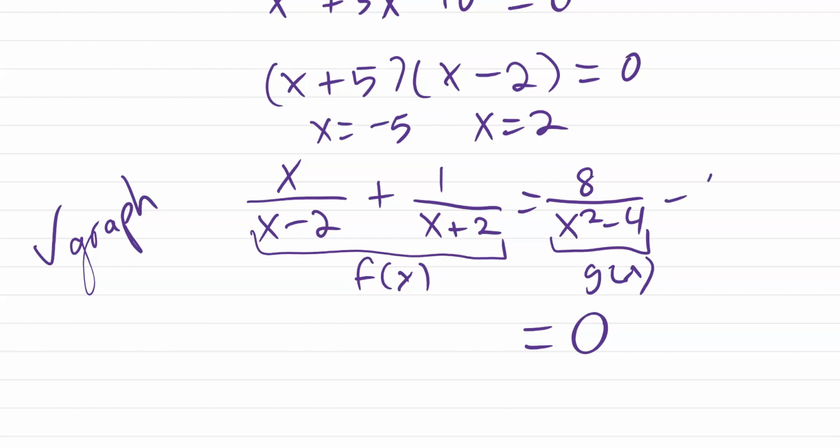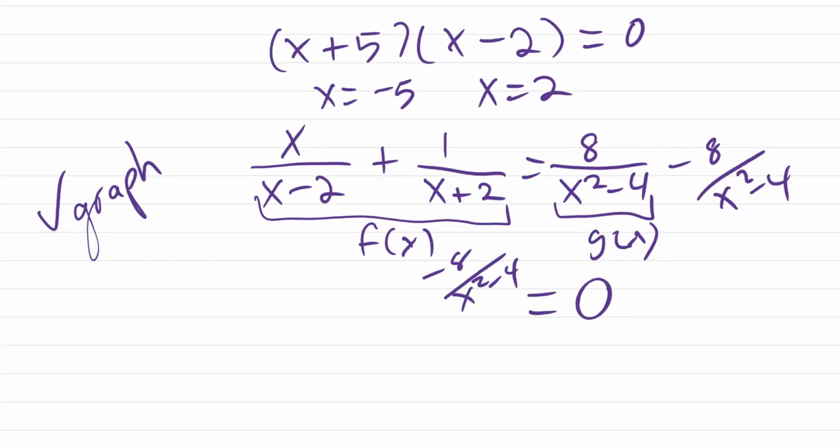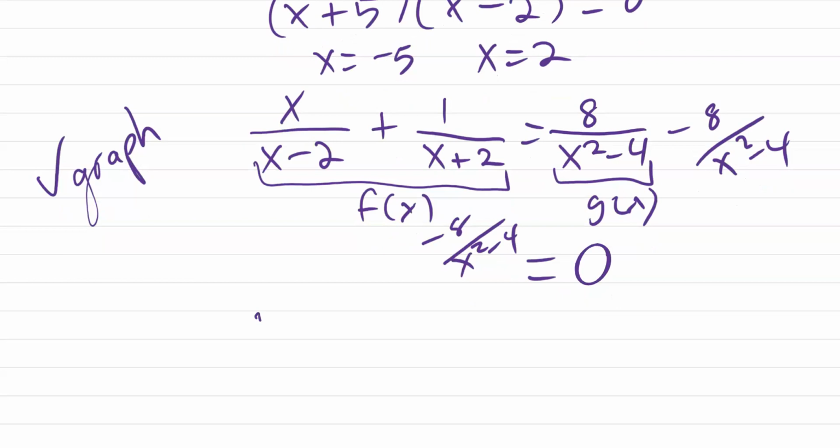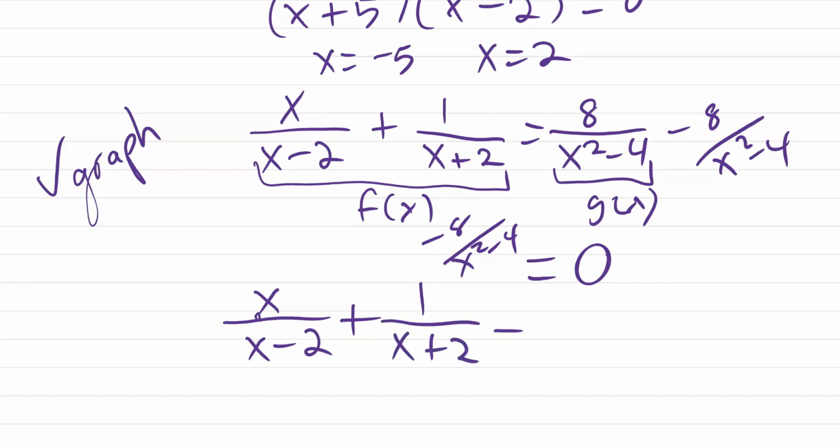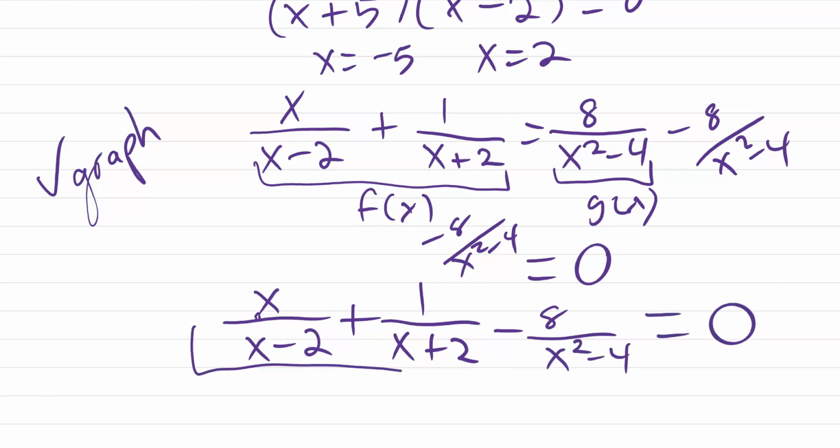So I'm going to actually subtract that group over so that I end up with x over x minus 2, 1 over x plus 2, minus 8 over x squared minus 4. And I'm going to graph all of this mess and find out where it equals 0.